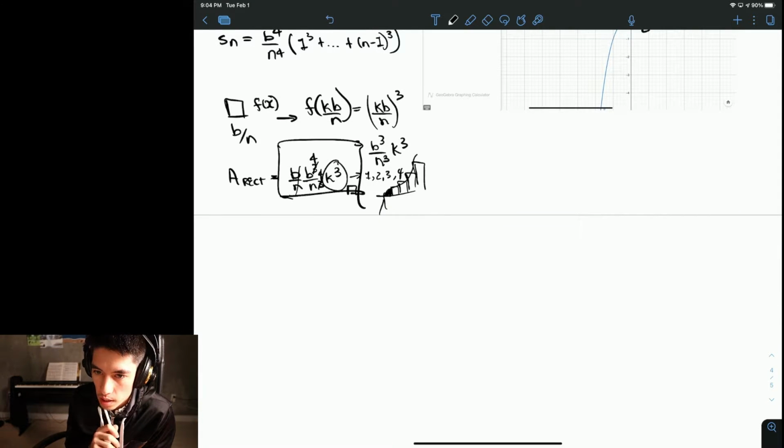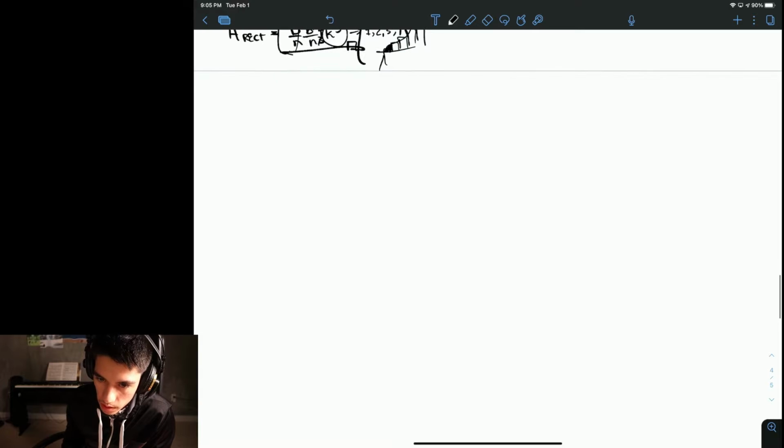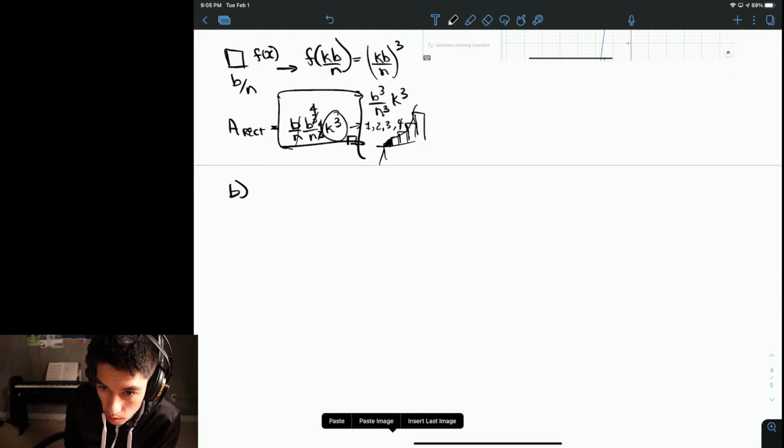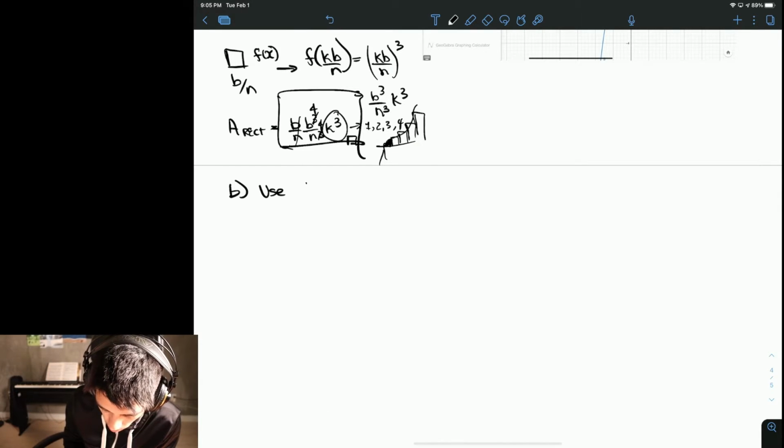Part B asks us to use the inequalities, which can be proved by... okay, so it gives us two inequalities, and it says show that another inequality holds true for every n. I'll just write down what the inequalities are. Use these inequalities.